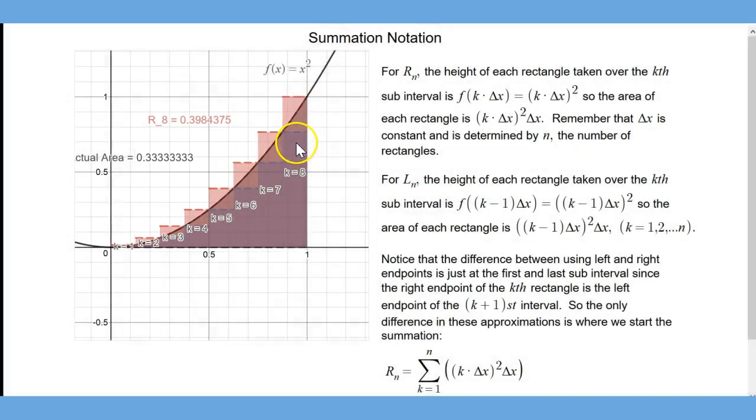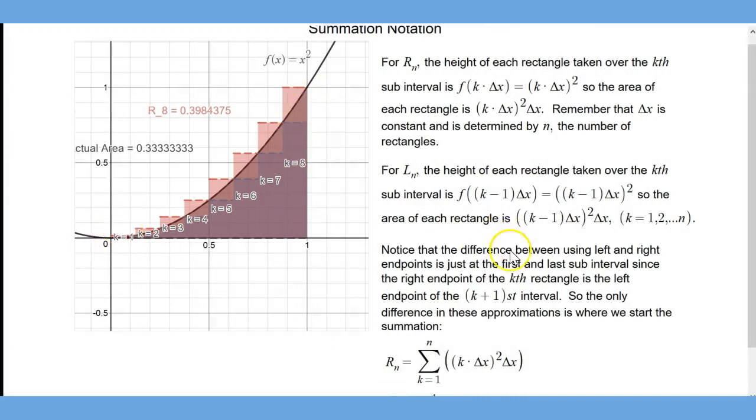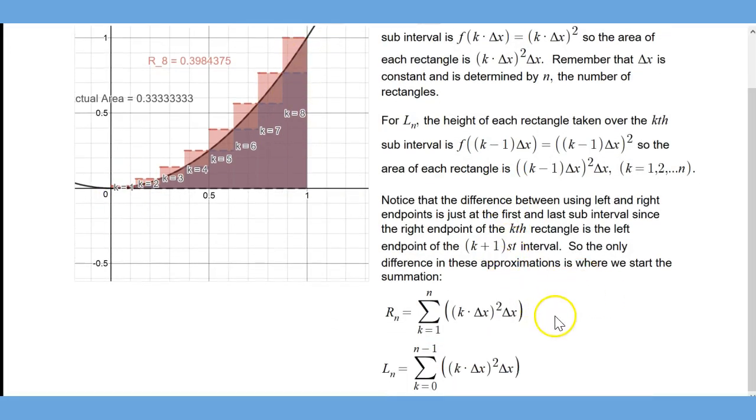So only the rightmost and the leftmost give you a difference. We can show that by starting our index one less for the left endpoint than the right endpoint estimation. So I can still use the same formula for area of each rectangle for this function.